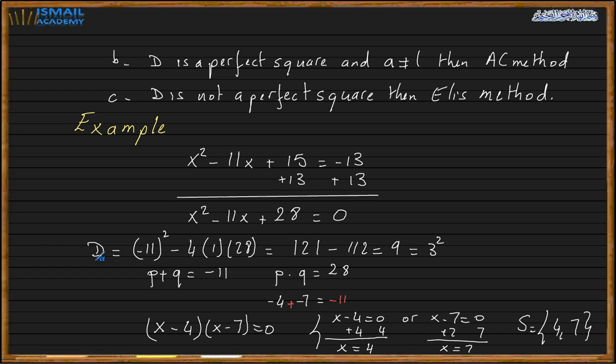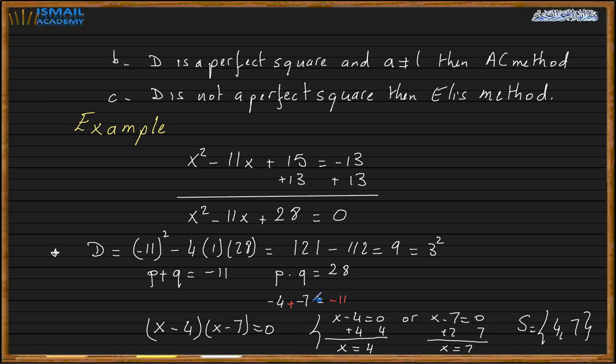So you see, the first thing I did, my discriminant is a perfect square. I know that I can use one of the methods, either the AC method or direct factoring. I check A is 1, so I can use direct factoring. In that case, I look for two numbers P and Q. If I add them, it gives minus 11, which is B. If I multiply them, it gives me 28.